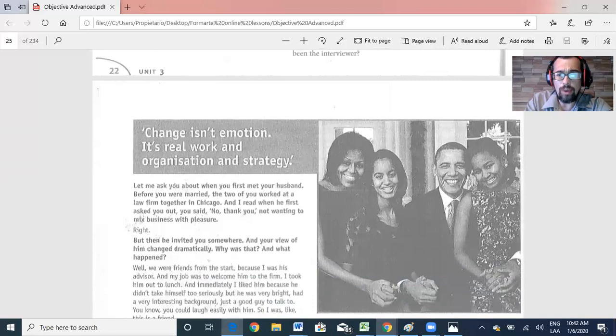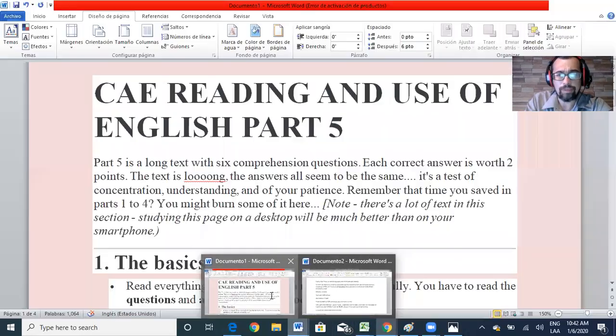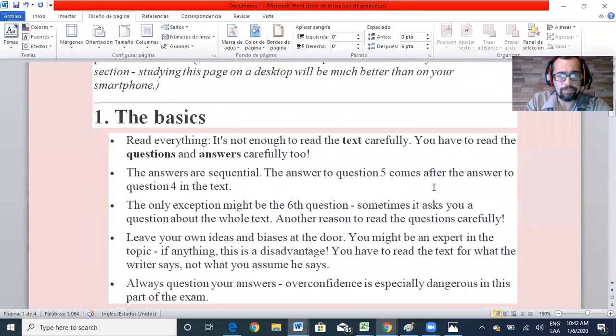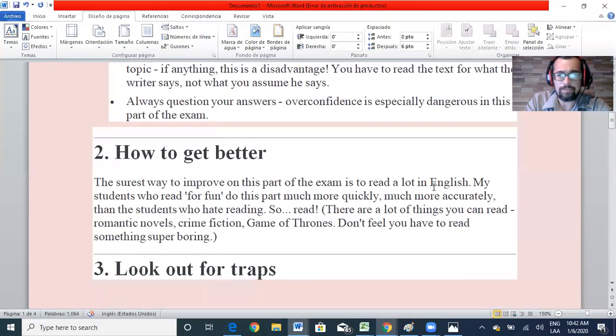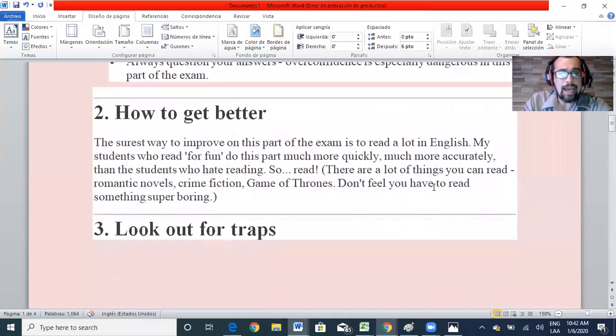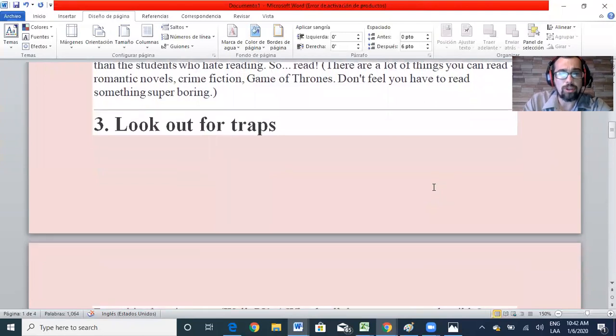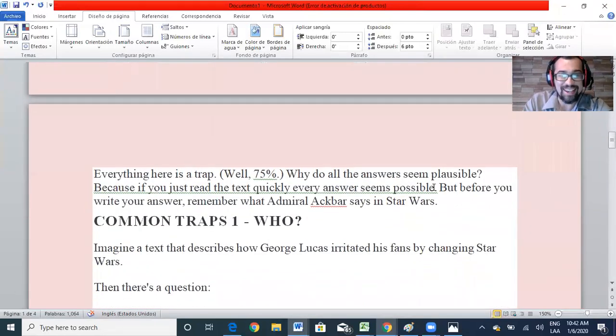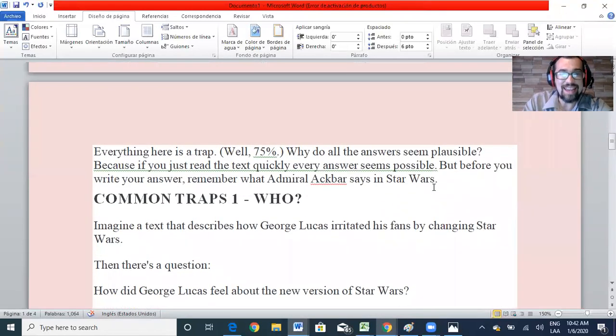And just going back again to the tips for this part. I'm going to focus on part 3, which says look out for traps. Okay, so it says everything here is a trap. Well, 75%. Why do all the answers seem plausible?